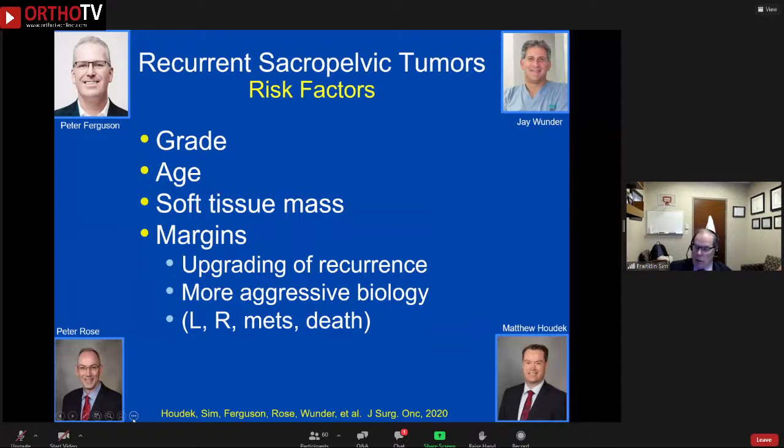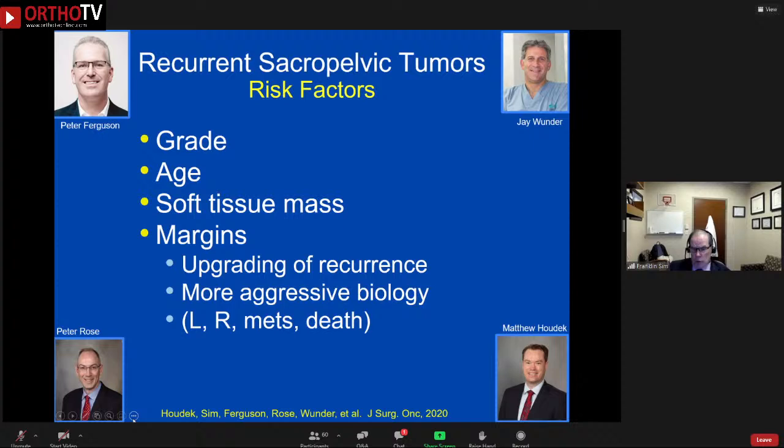So this is a recent interesting collaborative study with the Toronto group and the Mayo group, which looked at risk factors in pelvic chondrosarcoma. In that study, high grade and dedifferentiation impacted poor survival. They found that age was important, particularly for low grade and intermediate tumors.